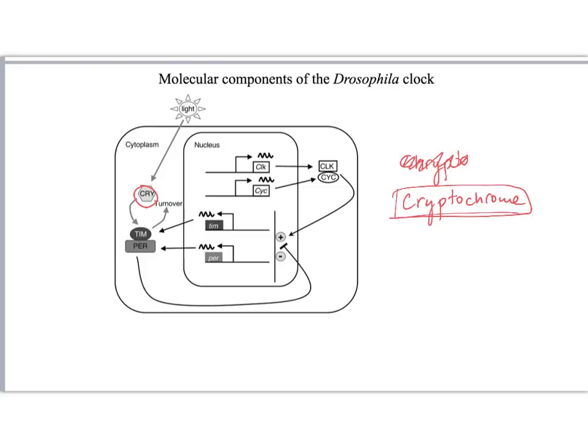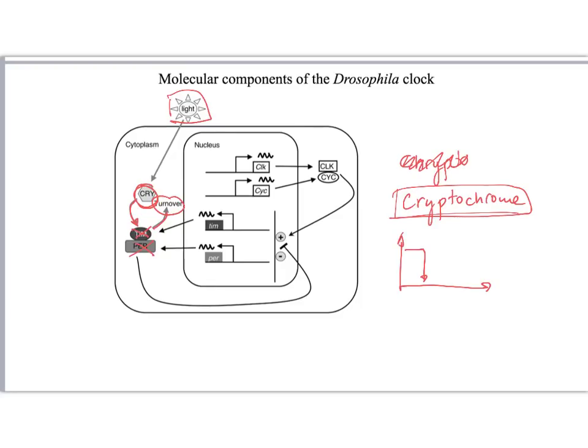But in here, what happens is whenever light arrives to this clock cell, it will stimulate cryptochrome, and after stimulation, cryptochrome will bind to TIM, and by binding to TIM, it will induce its turnover or degradation. So basically, eventually, TIM will be gone. When PER is hanging out alone in the cytoplasm, it also is gone. So basically, this brings the PER and TIM levels down.